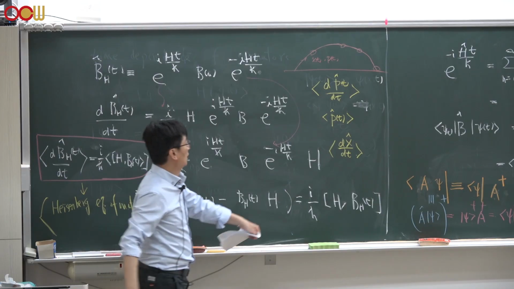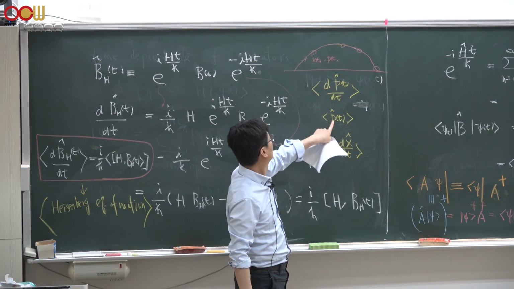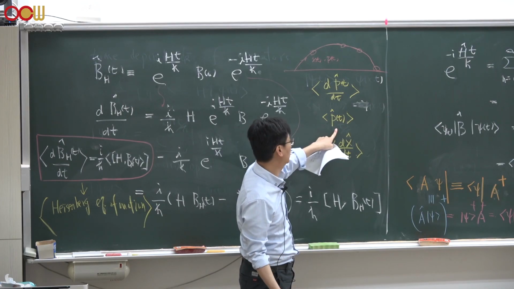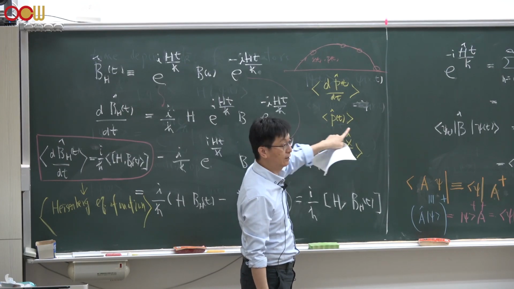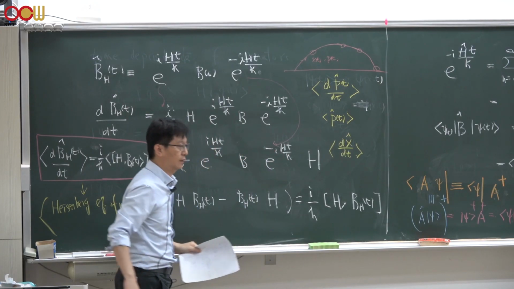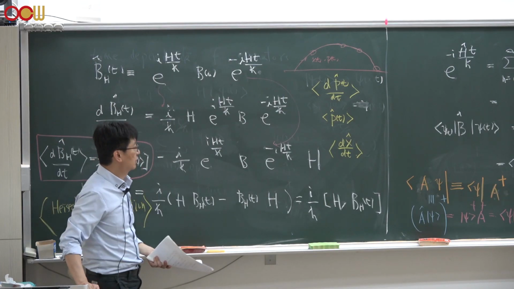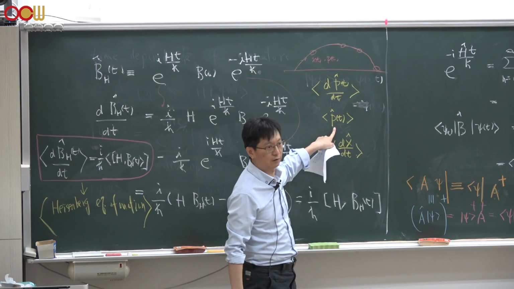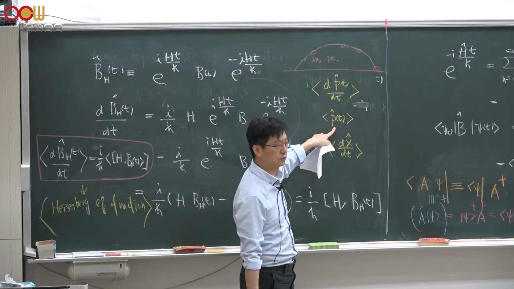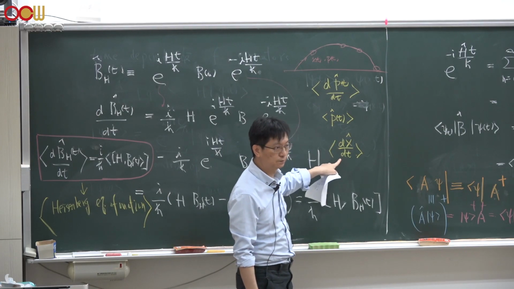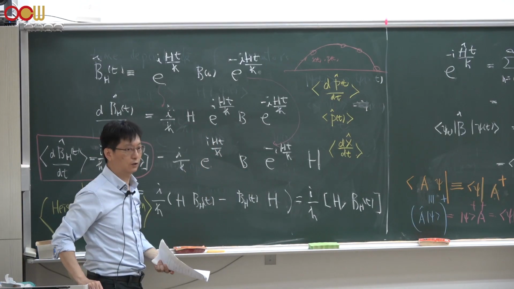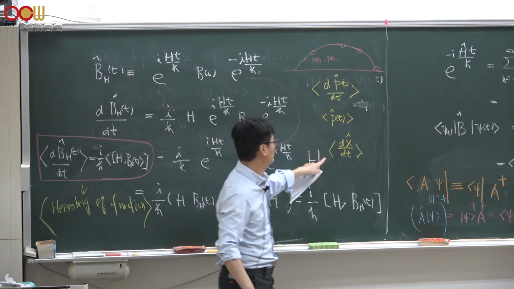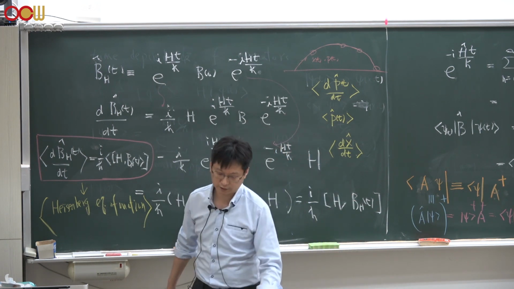Meaning you could solve this Heisenberg operator as a function of time and solve the equation of motion for that operator, and then you take the average or expectation value of that operator as a function of time, and then you get on average the momentum of a quantum particle as a function of time, and also the velocity or the position of a quantum particle as a function of time. But you need to actually take the average or expectation value of that operator.